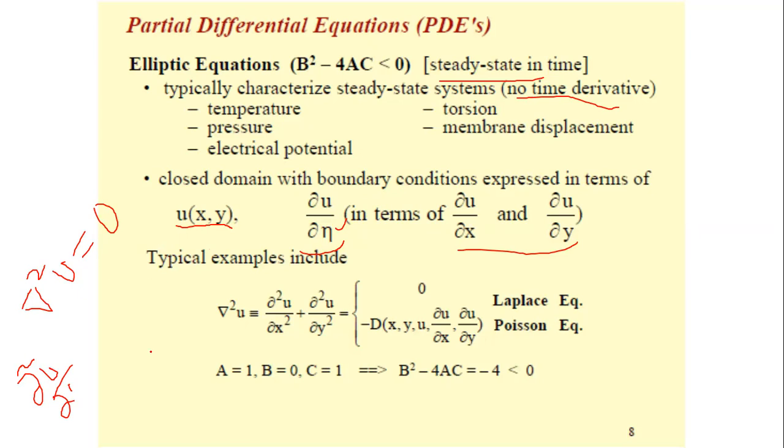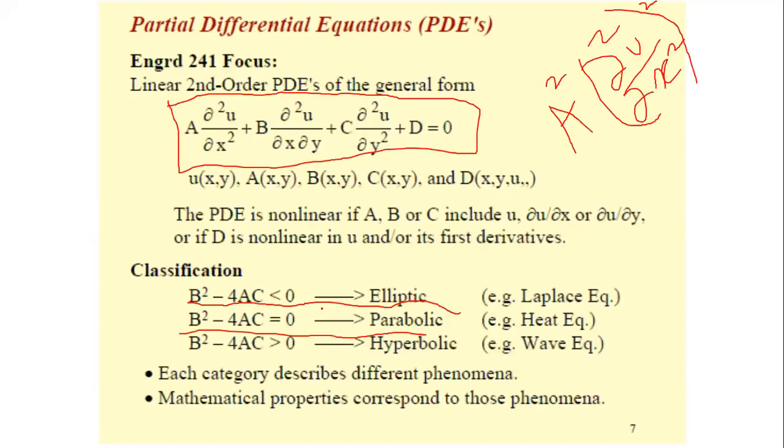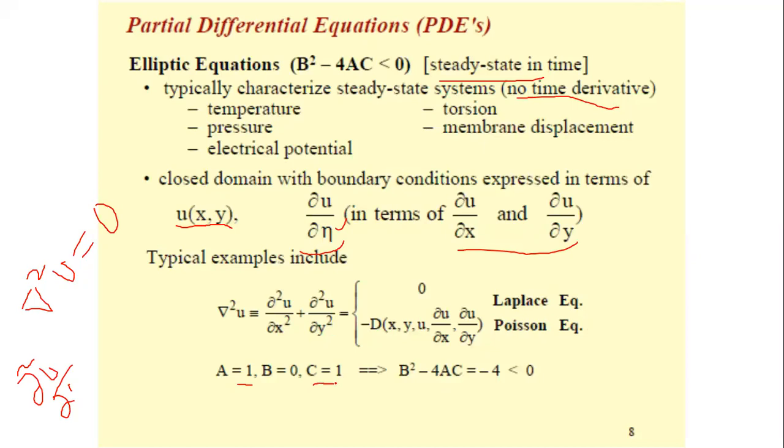So steady state systems, elliptic partial differential equations involve steady state systems like this, electrostatic potential in a particular space. So here, if you look at this Laplace's equation, del square u upon del x square plus del square u upon del y square, you see that the coefficient of del square u upon del x square is 1. And the coefficient of del square u upon del y square, if you compare with this, is c. So c value is 1.